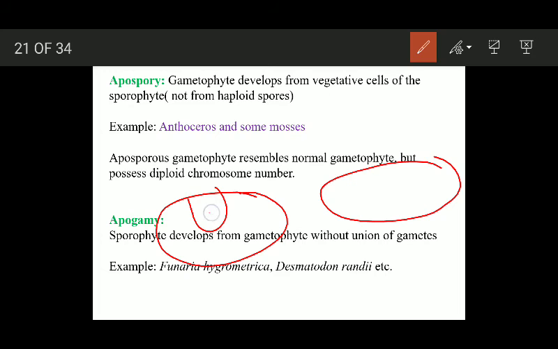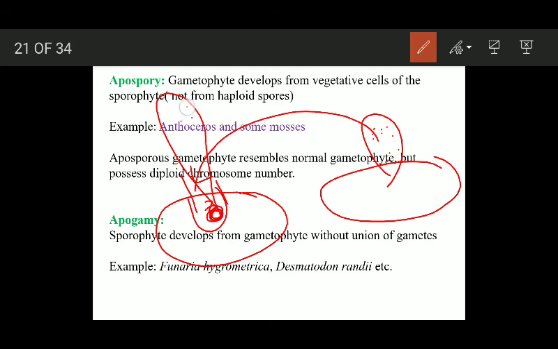Here is the archegonium, here is the antheridium. This antheridium will form antherozoids. They will move here and fuse. One of the antherozoids will fuse with the egg, and it will get converted to zygote. Now the zygote will form embryo, and ultimately the embryo gets converted into the sporophyte. This is the normal way of producing sporophytes.